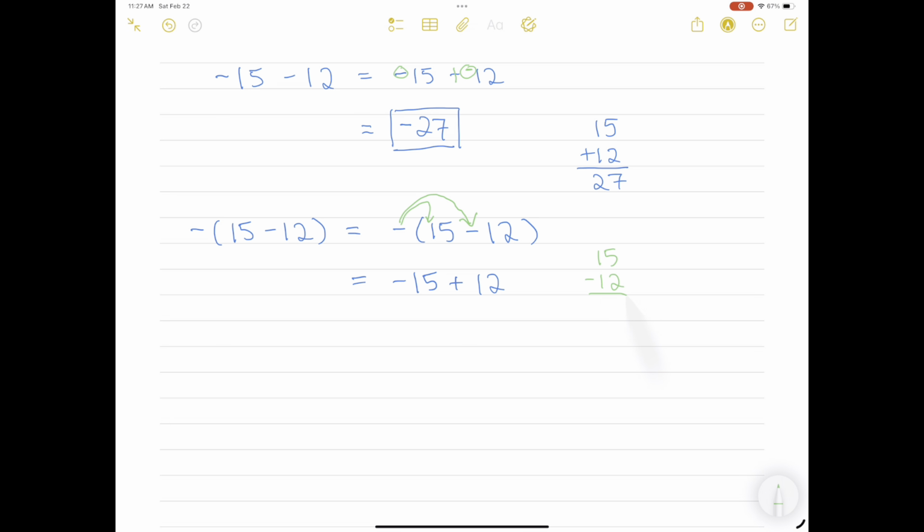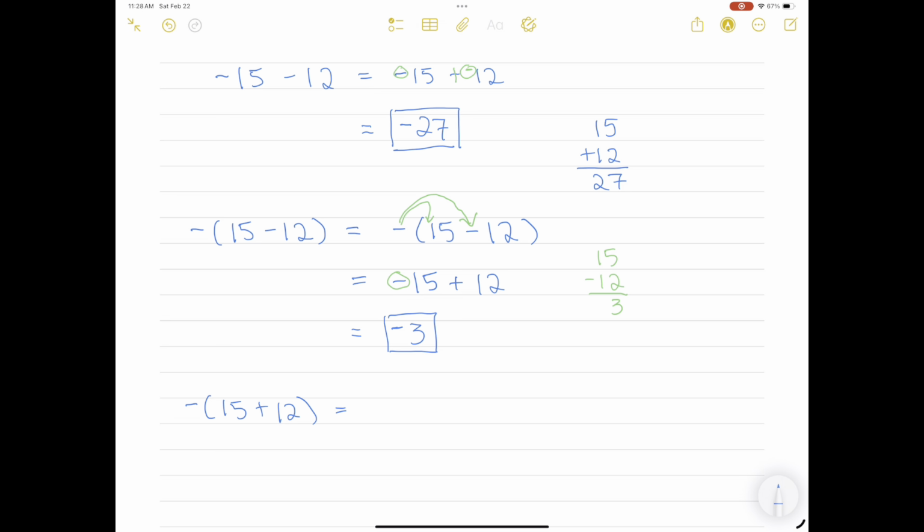Now I'm adding integers with different signs, so I treat it as a subtraction problem. 15 minus 12 equals 3, and I keep the sign of the number with the larger absolute value, which is negative 15. The answer is negative 3. I box my answer.